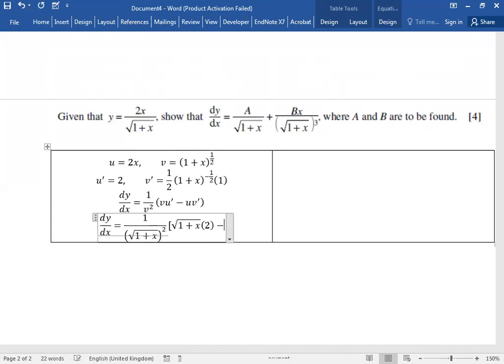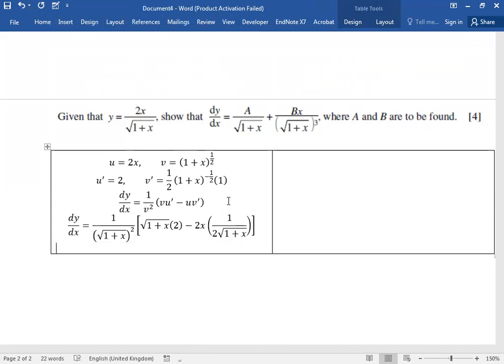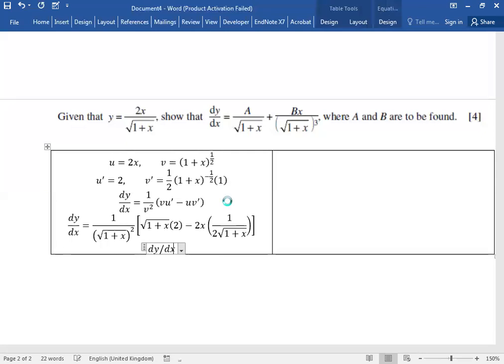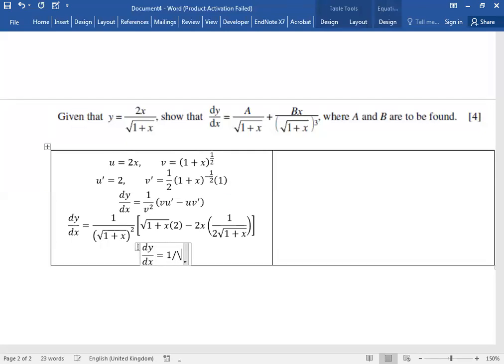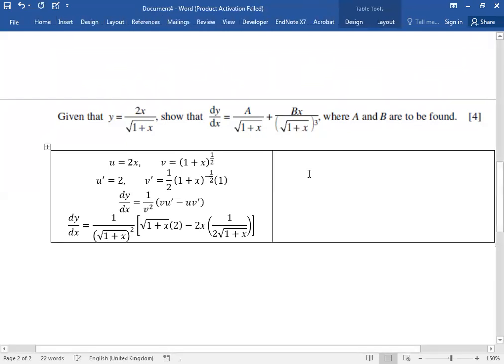And minus u is 2x into derivative of v, which is 1 over 2 square root of 1 plus x. Is that right? Should I take the LCM? No, I should not, because I do not need the final answer in a single fraction, right?